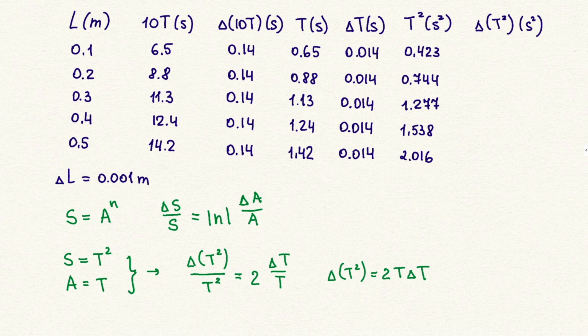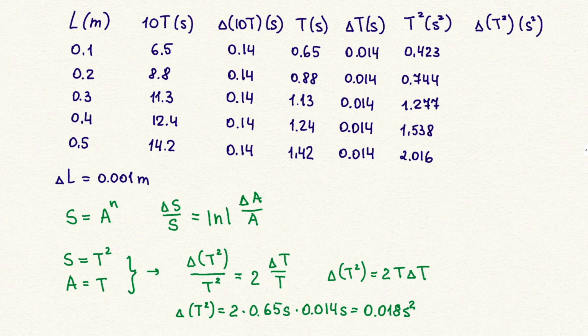So the uncertainty in T squared equals 2 times 0.65 seconds times 0.014 seconds, which results in uncertainty of 0.018 seconds squared.